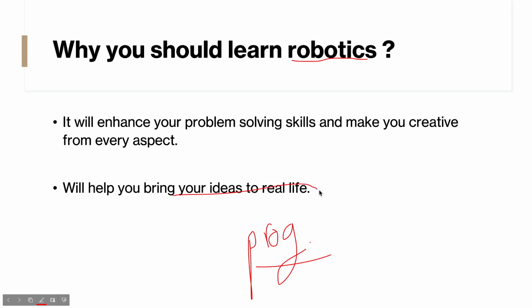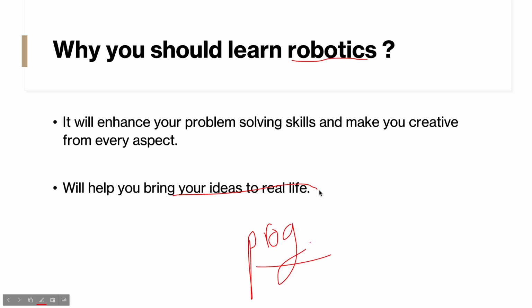Also, one benefit which comes along with learning robotics is that it improves your problem solving skills and will make you a creative person in every aspect. These are some perks of learning robotics.